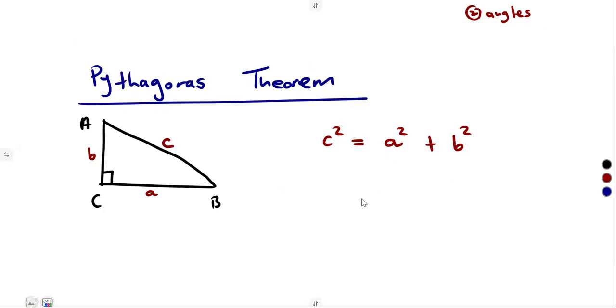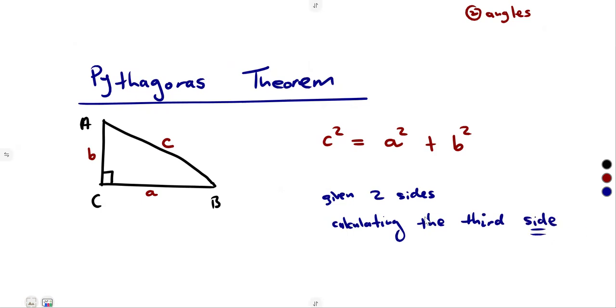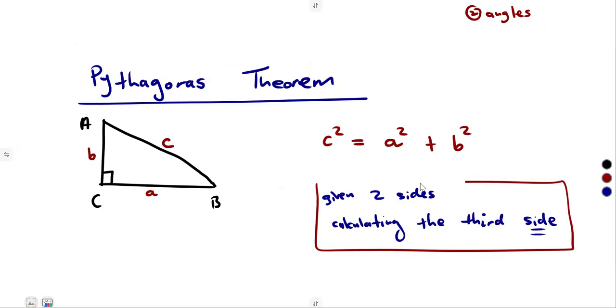As long as you are given two sides and you want to calculate the third side, in that case, Pythagoras is the perfect formula to be used. You just have to play around with the formula.